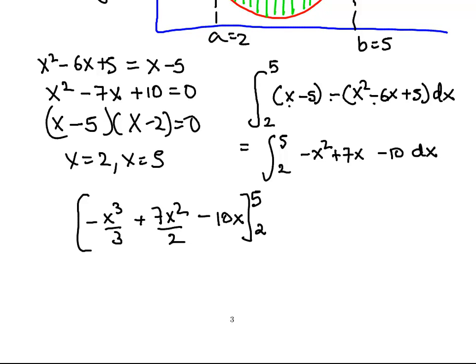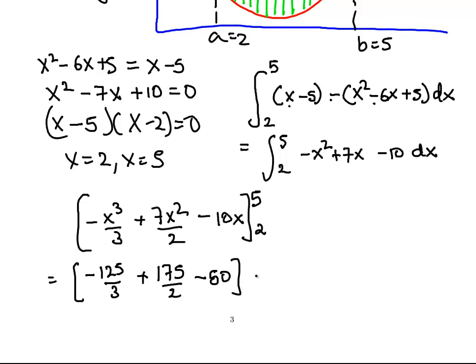This one just requires you to take your time and be careful and get your calculator out. When x is equal to 5, x cubed is 125. And minus x cubed over 3 is minus 125 over 3. x squared is 25, and so we have 175 over 2. 7 times 25 is 175 over 2, and minus 50.